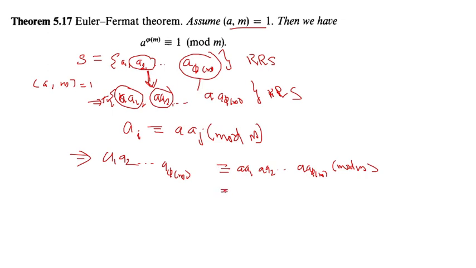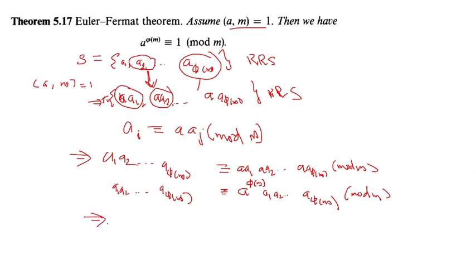On the right side we can take a outside, that is a raised to phi of m times a1, a2, etc., a phi of m modulo m. Therefore, a1, a2, etc., a phi of m is congruent to a raised to phi of m times a1, a2, etc., a phi of m mod m.